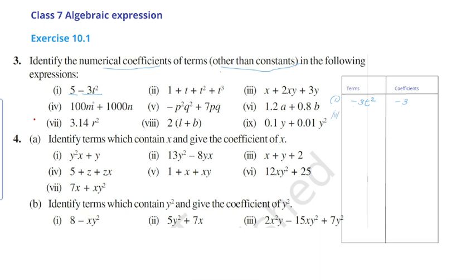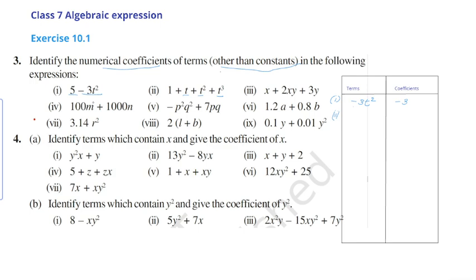In the second question, we have 1 plus t plus t square plus t cube. So, how many terms do we have with the variables? Yes, we have 1, 2, 3 terms with the variable. 1 we will not consider because it is a constant.